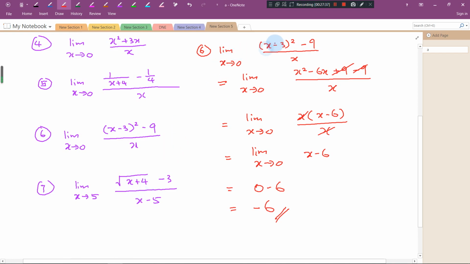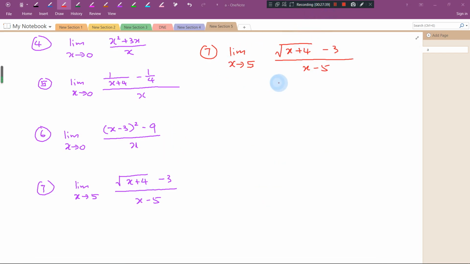Okay, let's try the last one. Same thing happened here. If you plug in the 5 over here, you get an indeterminate form, right? So we know that's not the correct way for us to solve this question. So we are going to rationalize the numerator first.